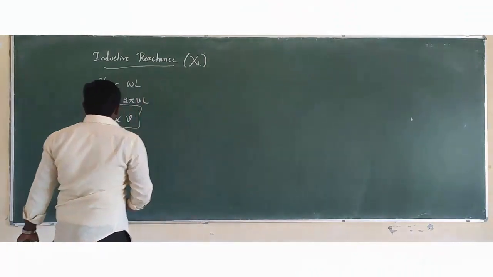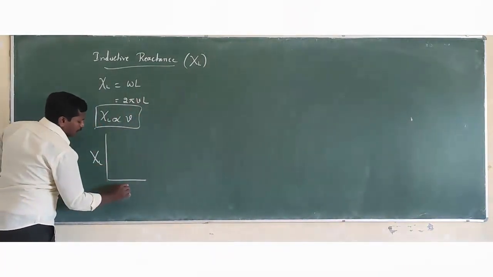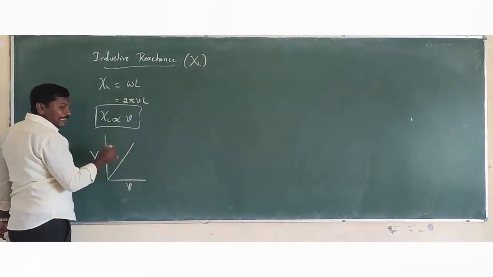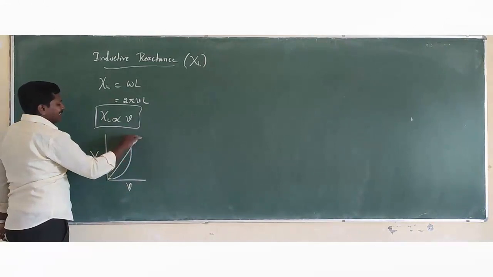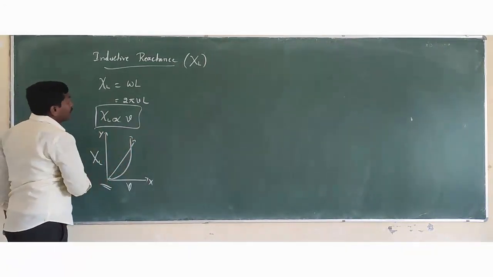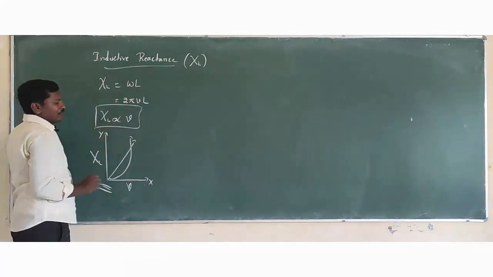If you observe the diagram for chi L versus frequency, as the frequency increases, the inductive reactance also increases. This is the representation of the inductive reactance graph with frequency.